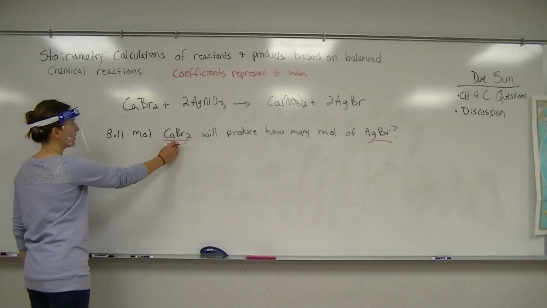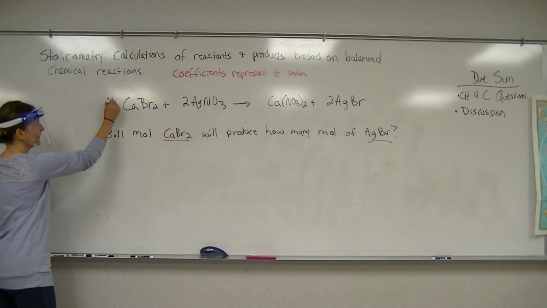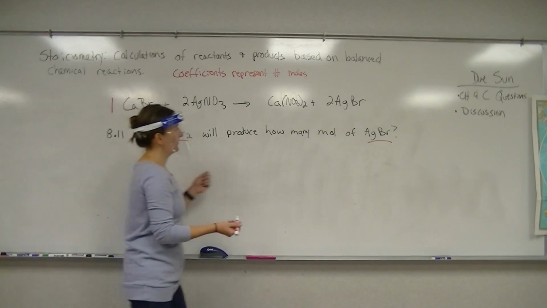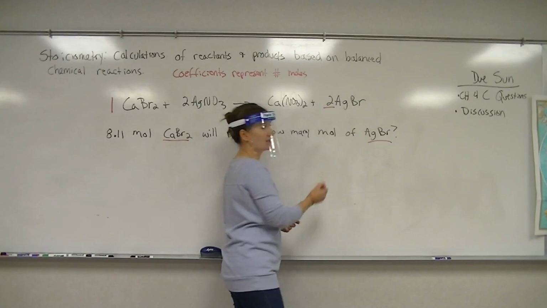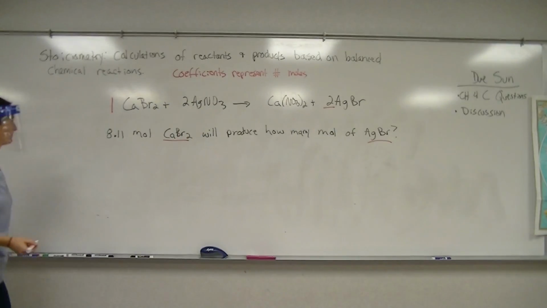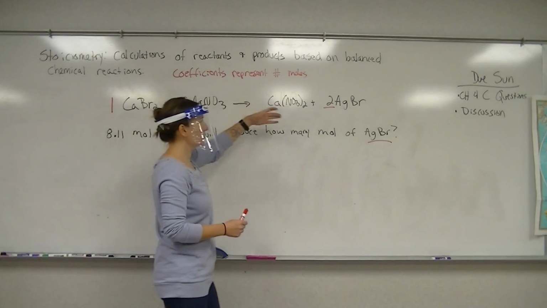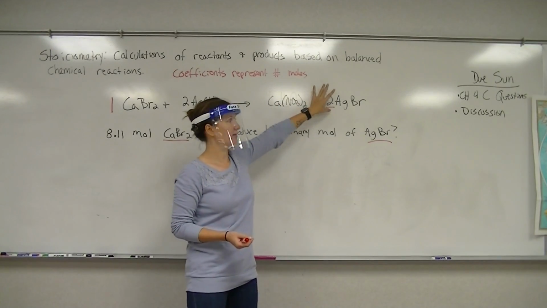You look at the coefficient in front of calcium bromide. If there isn't one, it's just a 1. Then we look at the coefficient in front of silver bromide, and it's a 2.